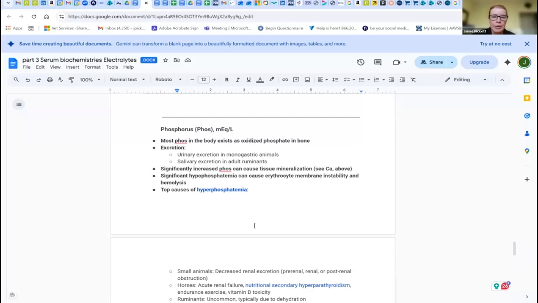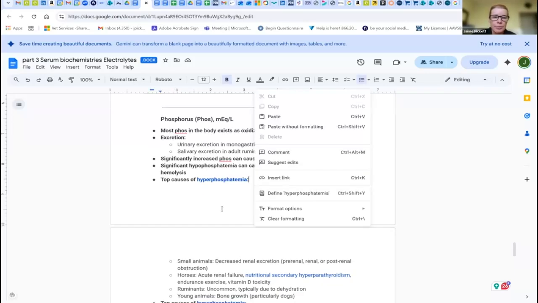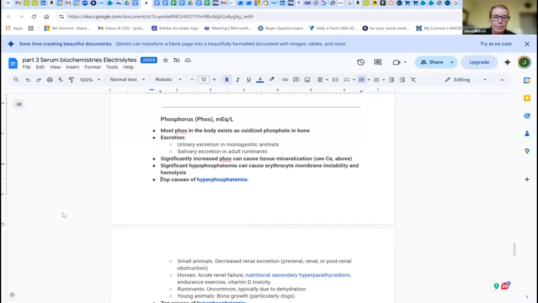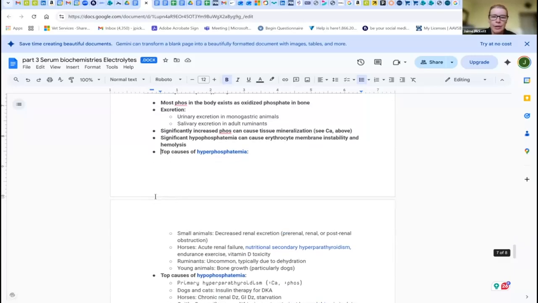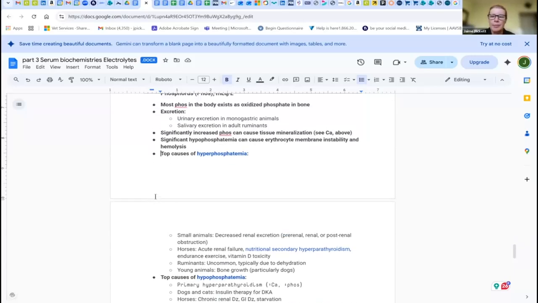If we have an increase in phosphorus, so hyperphosphatemia. In small animals, it's usually decreased renal excretion.